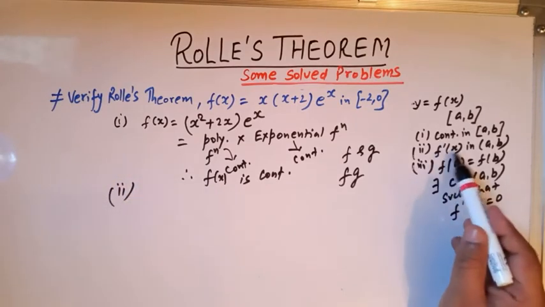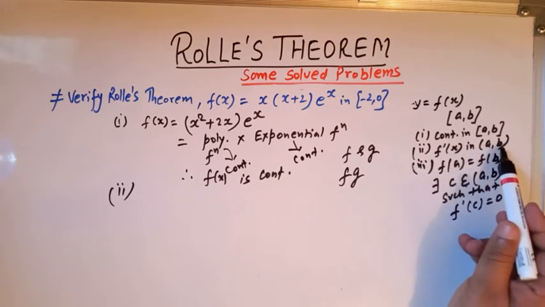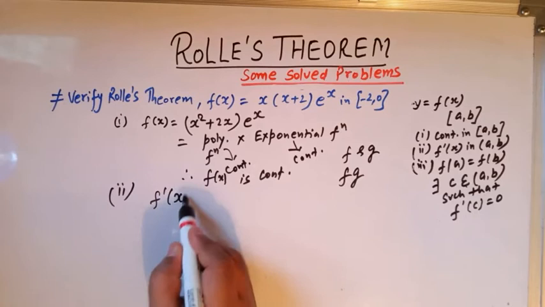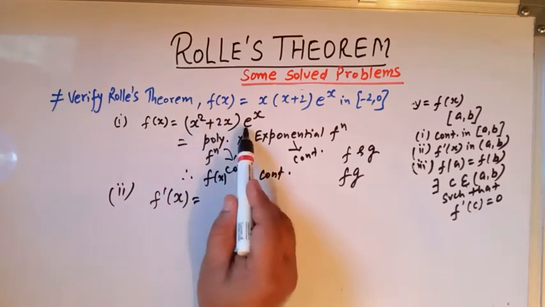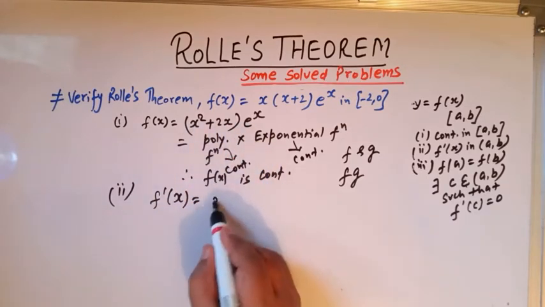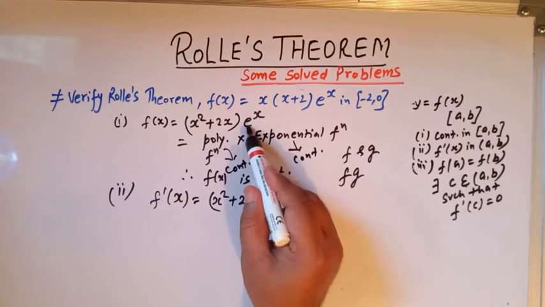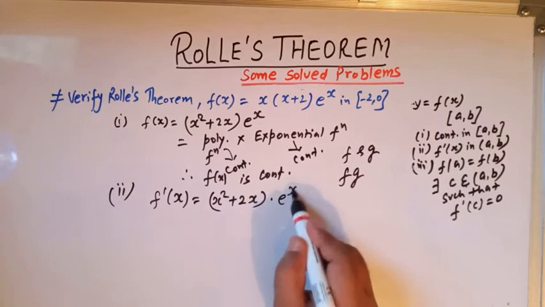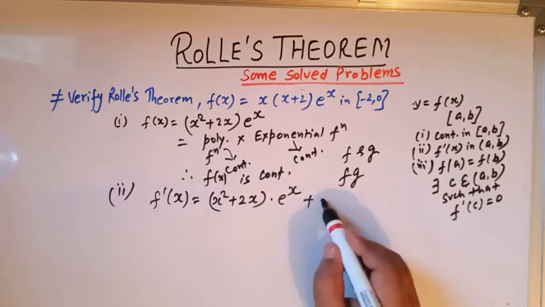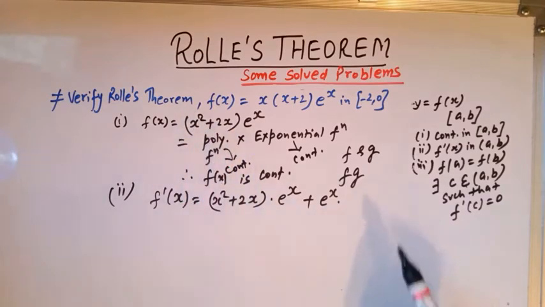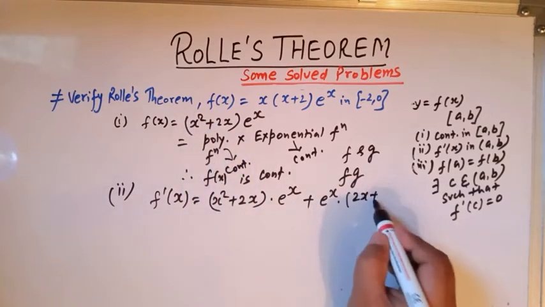The derivative of f exists in (a, b). So let us find the derivative. So here f'(x) is, here we have the product of two functions, so we can write (x² + 2x) times the derivative of e^x, which is e^x, plus then we have e^x, and then we have the derivative of x² + 2x, which is 2x + 2.